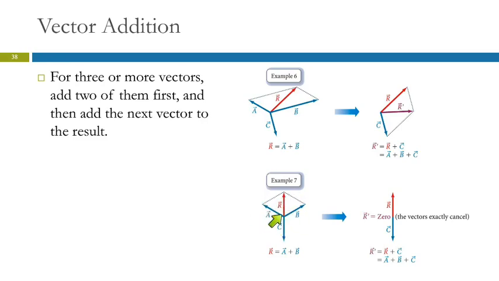If we add A and B, we get vector R. Then adding R and C, that adds up to 0. So what's different between this, which had a net vector, and this one, which has a net vector of 0, is that this one's symmetrical. The vectors have the same length, and they're spread out equally in space, and so they add up to 0.